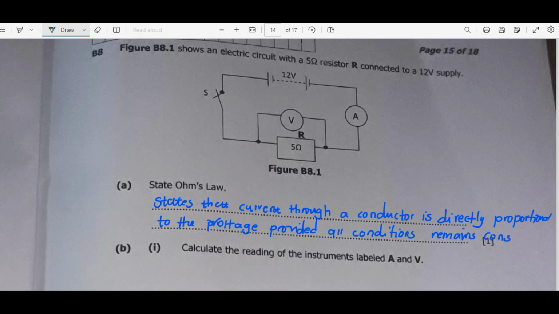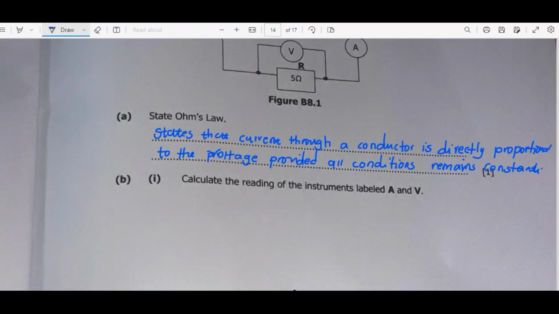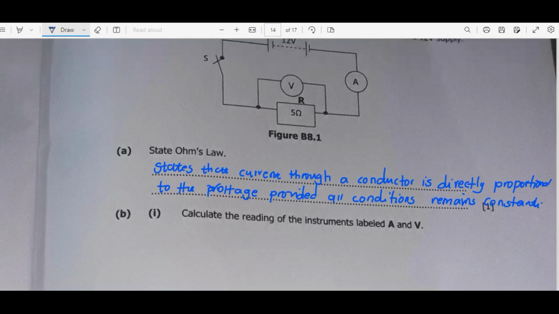An example of the conditions that we want to remain constant is temperature. Then for B1, calculate the reading of the instrument labeled A. So let's go back to our A. A is just the ammeter. What is the function of the ammeter?